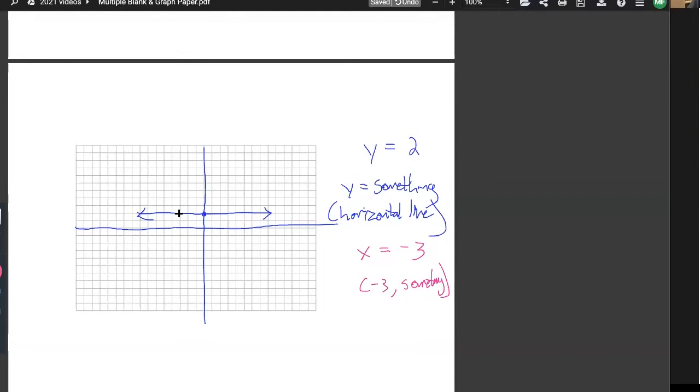So this line right here is x equals negative 3, because everywhere on this line it's negative 3, 2, negative 3, 0, negative 3, 1, negative 3, negative 1, negative 3, negative 2, negative 3, negative 3. Okay? So when x equals something, that is always a vertical line.